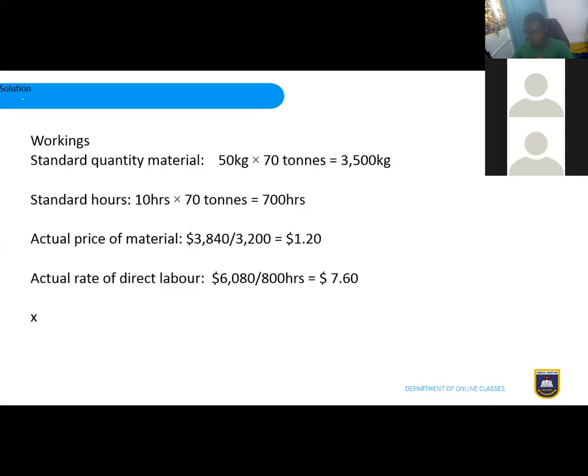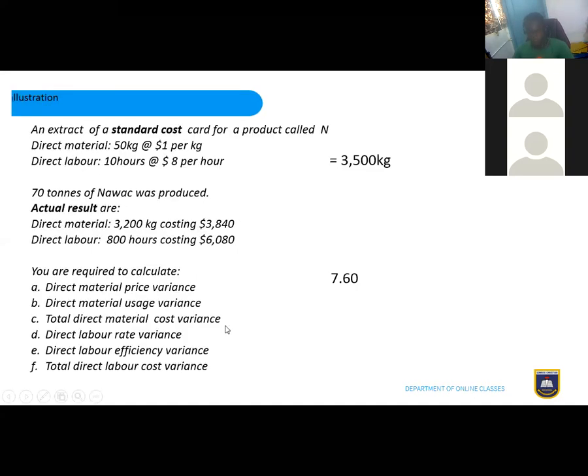Now, I told you that for each of these, there are simple workings that ought to be done. So for actual rate, they said 800 hours costing 6,080. This is the total amount that was spent on labor. The 800 hours that was spent by workers in the factory amounted to 6,080. But we don't need the whole figure.